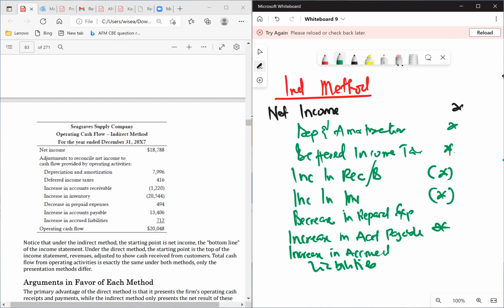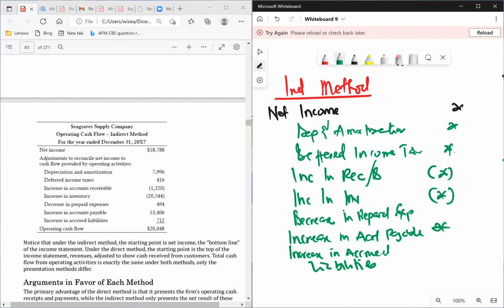So for the indirect method, it starts from the net income and then adjustments for both income elements and balance sheet changes. So for the net income adjustments, depreciation and amortization, it is not the change in depreciation and amortization that is added back. It is the depreciation and amortization for the year.